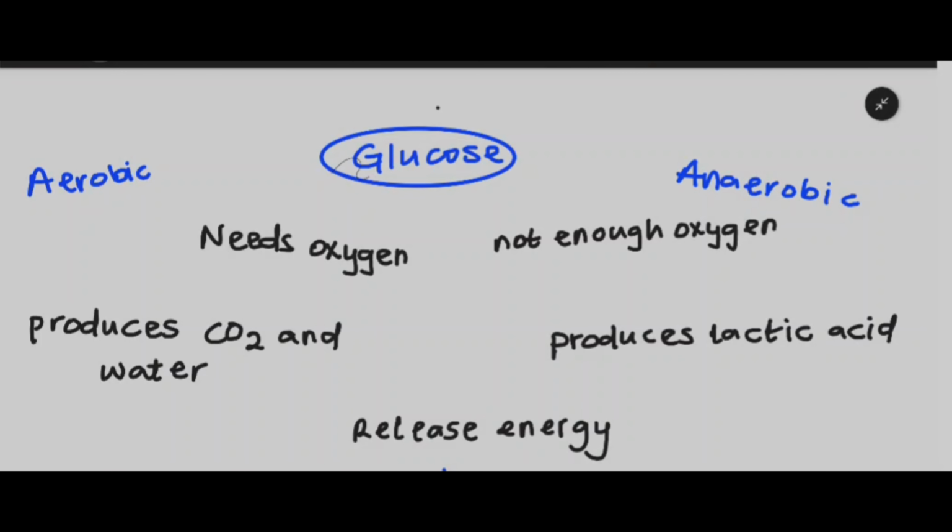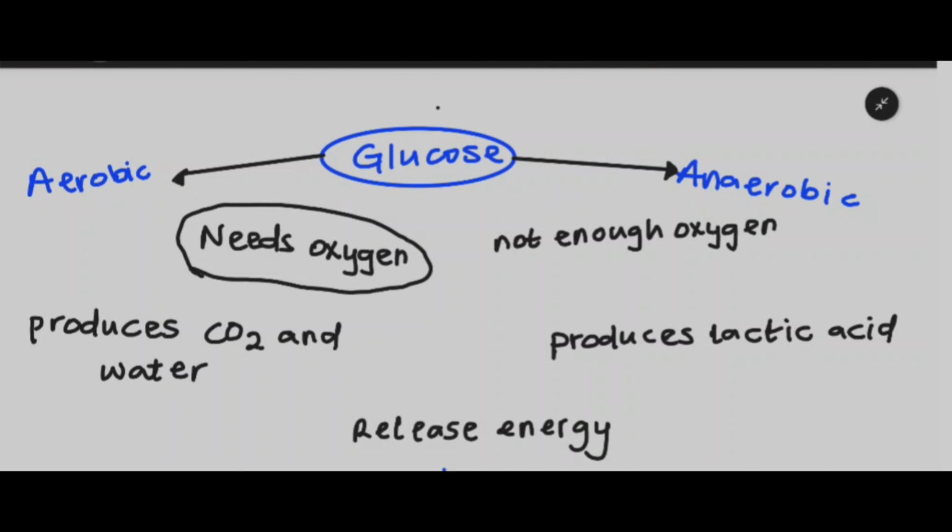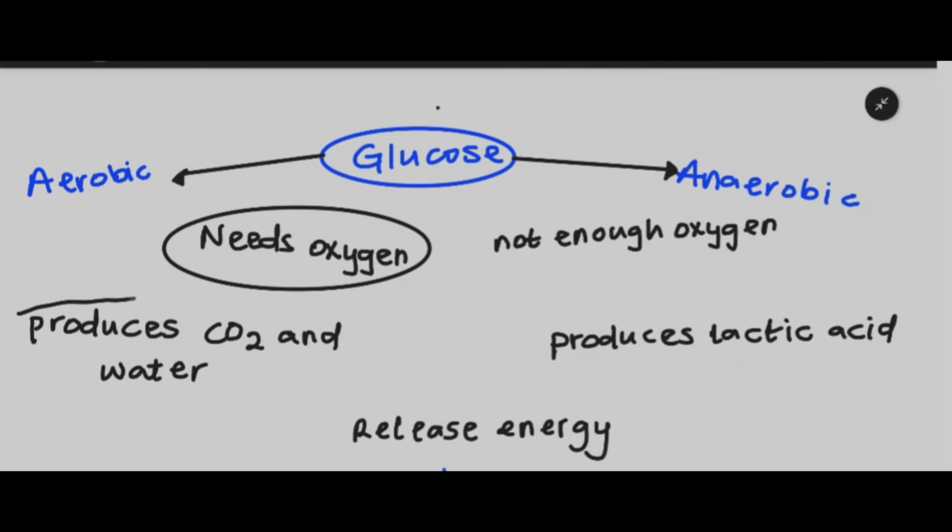Okay, so quick recap, aerobic and anaerobic exercise both use glucose. They both use glucose, but for aerobic, it needs oxygen. So it uses oxygen and it produces CO2 and water.